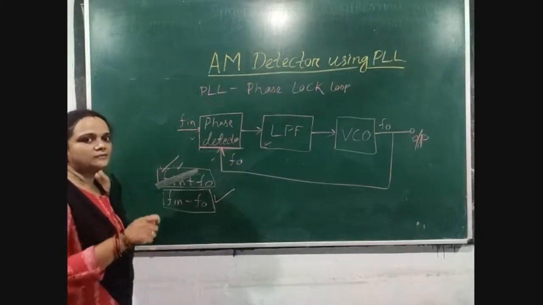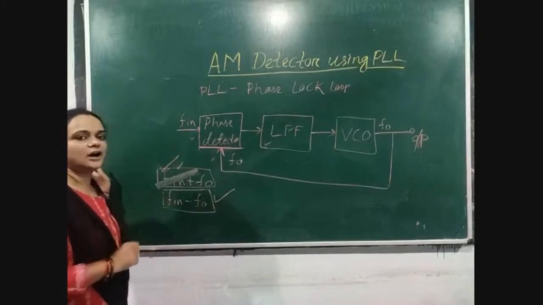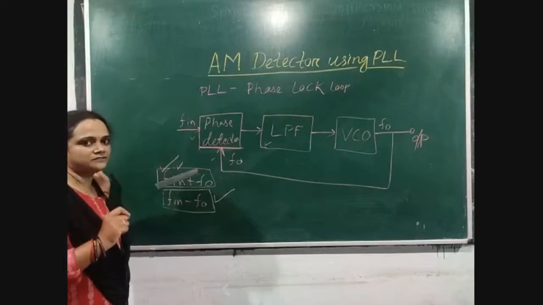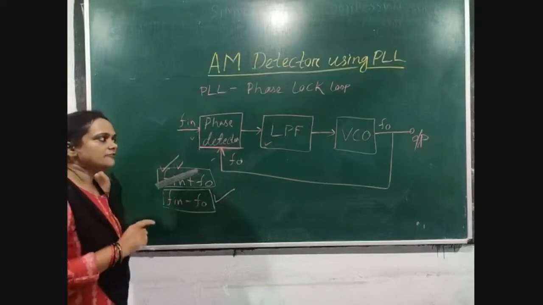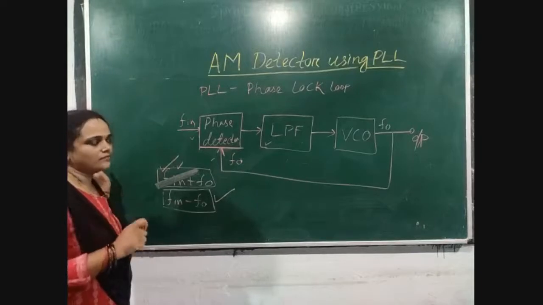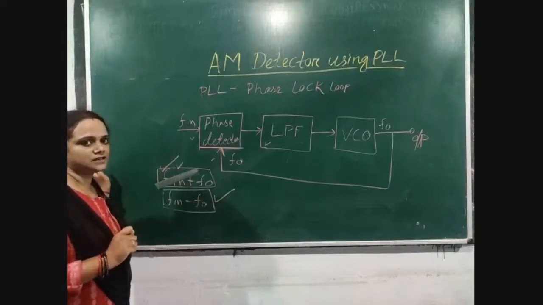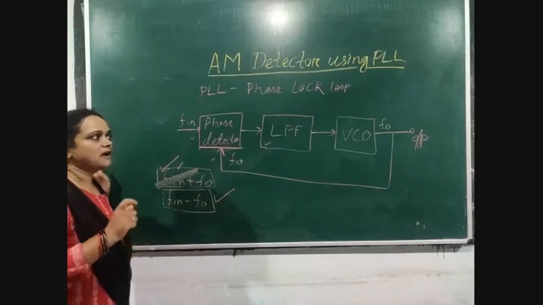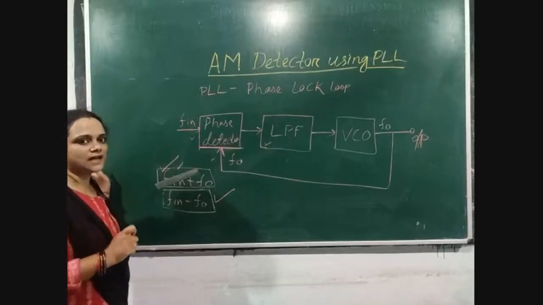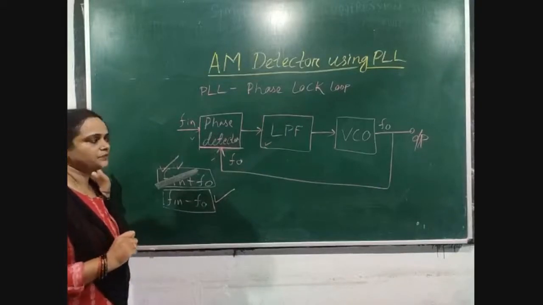If the amplitude of the input signal is high, then at the output it gives a high frequency signal. If the amplitude of the input signal is low, then at the output of the VCO we get a low frequency signal. So we can say output of VCO is directly proportional to the input of the VCO.